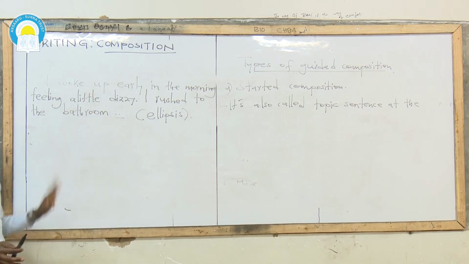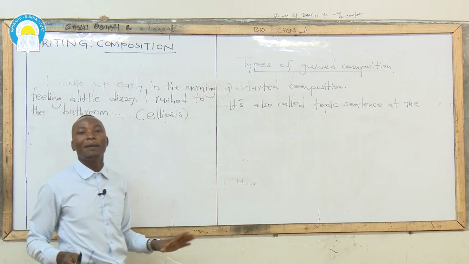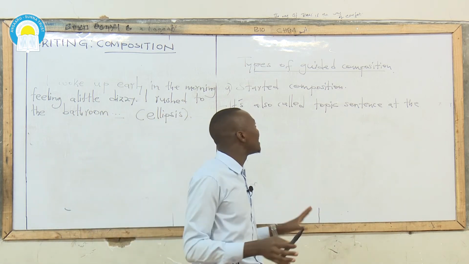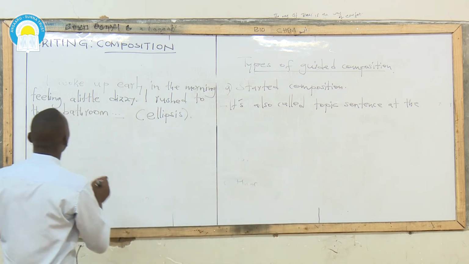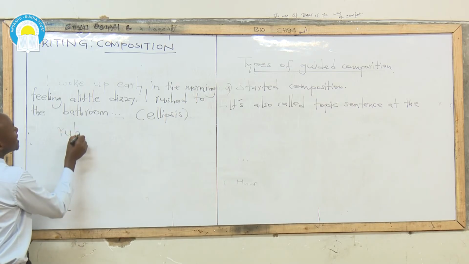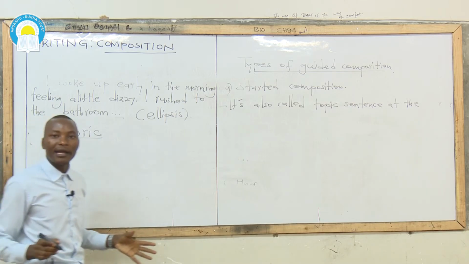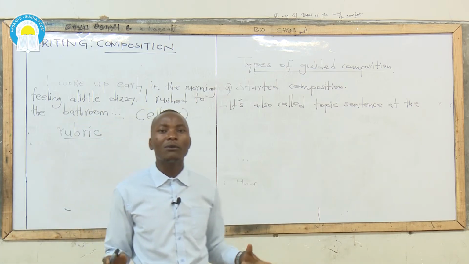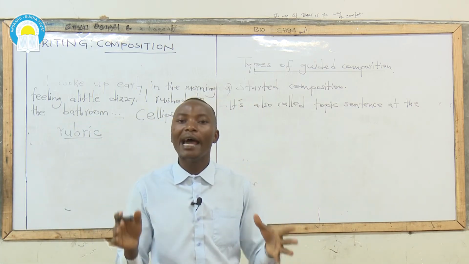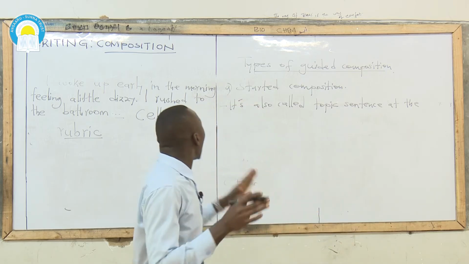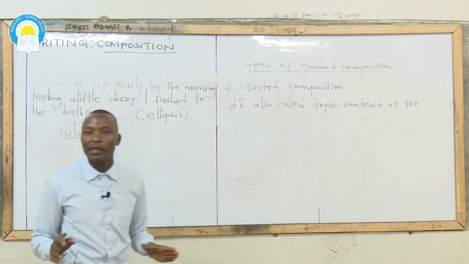Now, this opening statement given for the learner to write about is called the rubric. This is the question that the learner should answer, and therefore it is very important that the learner understands the rubric very keenly.